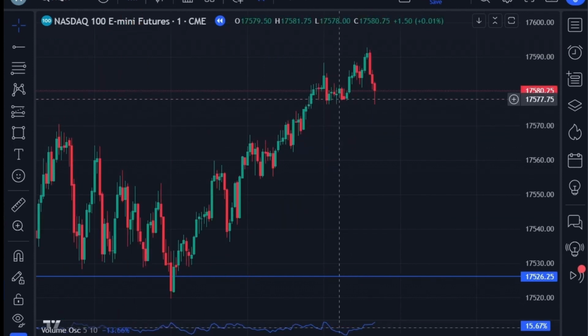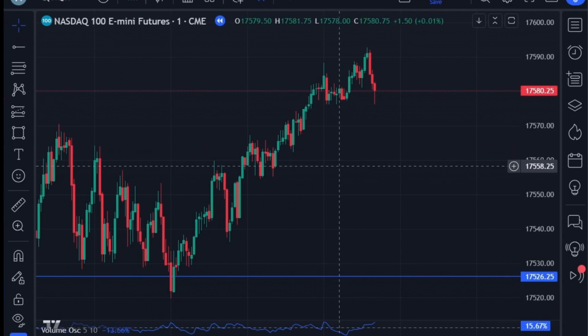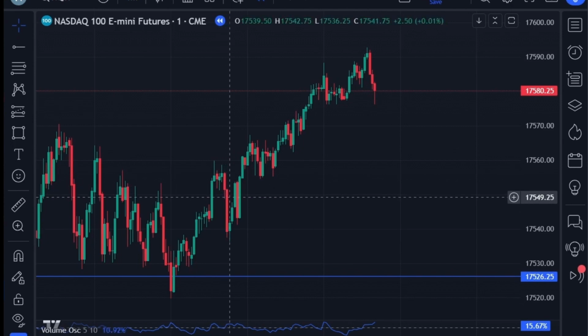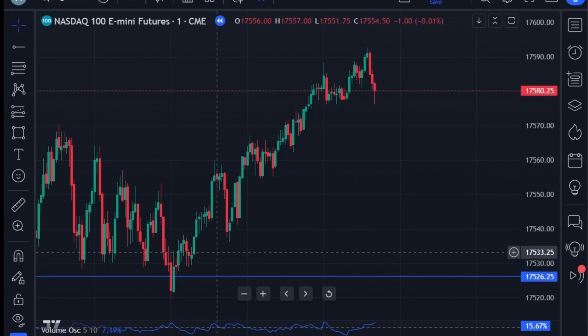Then we will be drawing the Fibonacci level after the break of structure, as the market retraces back into the zone. And we will be taking an entry anything below 50% with other ICT concepts.